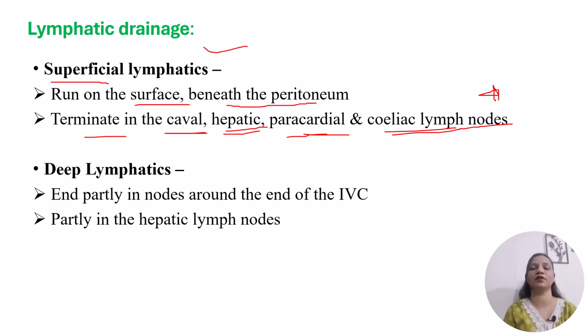And the second one is the deep lymphatics. By the name, deep lymphatics means they are present deeply inside the liver, and they end partly in the nodes around the end of the inferior vena cava.